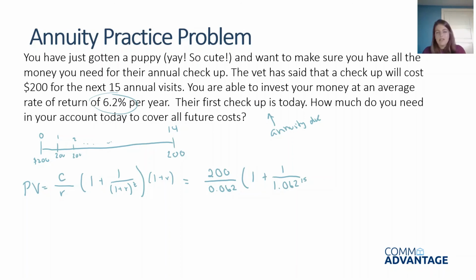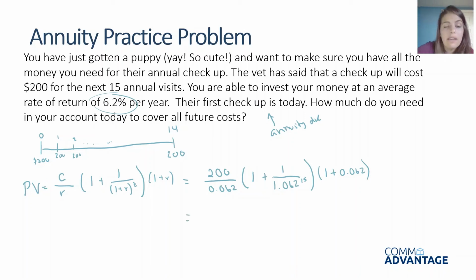So while my picture says 14, we know that there were 15 visits happening, okay? Times 1 plus that 0.062, and remember, that end term, that 1.062 that we're multiplying, is just us going from -1 to 0. Because that first payment happens at 0 and the original formula will find us the value right before that, we're just bringing it back up into today's terms.